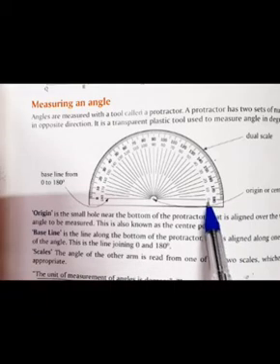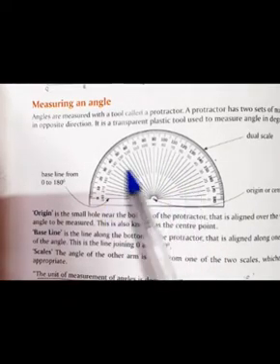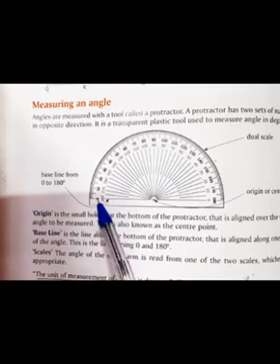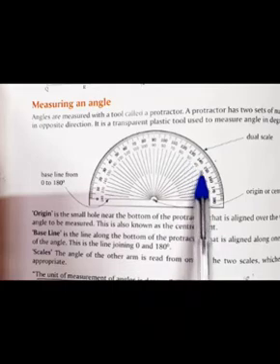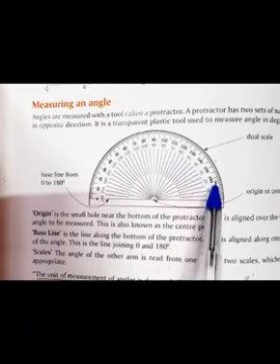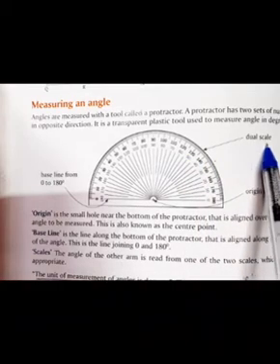Here you can see numbers starting from 0 till 180 going from right to left, and here from 0 to 180 going from left to right. As you can see, we have numbers going from this side also. That's why this scale is known as the dual scale.